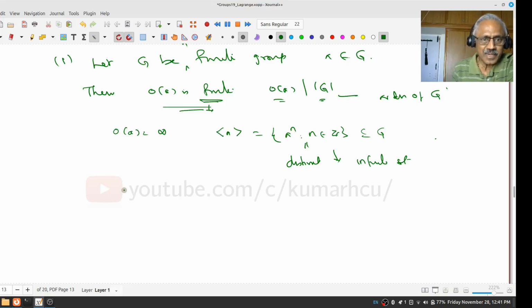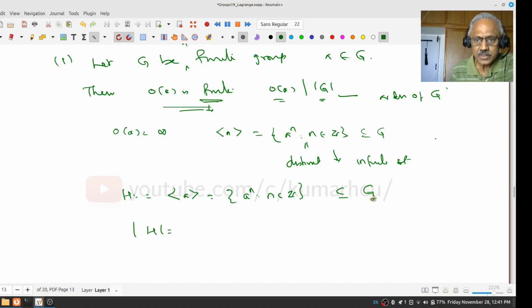Look at H to be the cyclic subgroup generated by A. Now, how many elements are there? Notice that H is a subset of G, therefore it must be finite. How many elements are there?